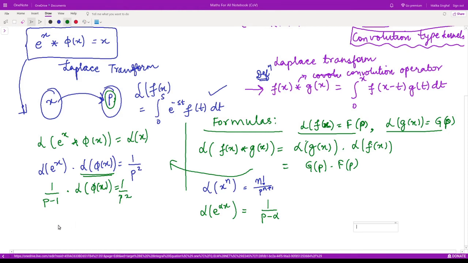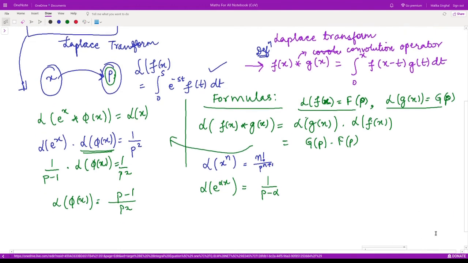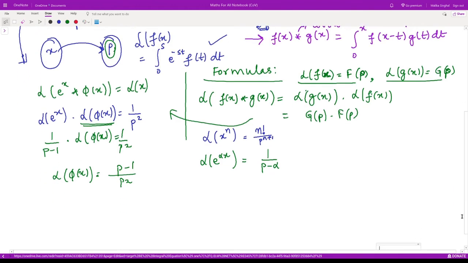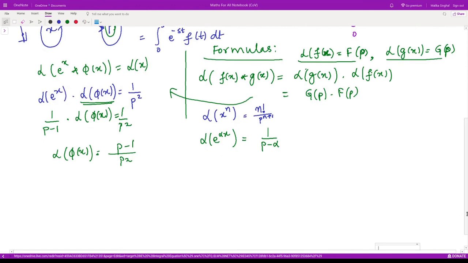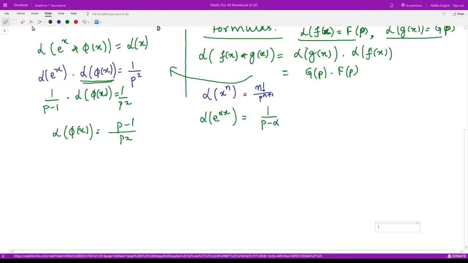So let's move this quantity onto the right hand side. So we would have p minus 1 divided by p square. We just separate the terms to see what we get. So we have Laplace of phi of x equal to 1 upon p minus 1 upon p square.